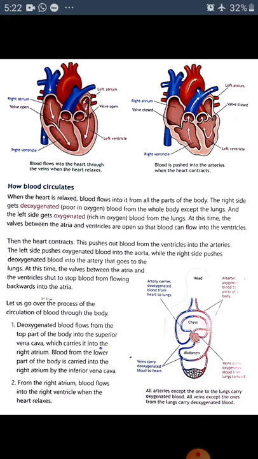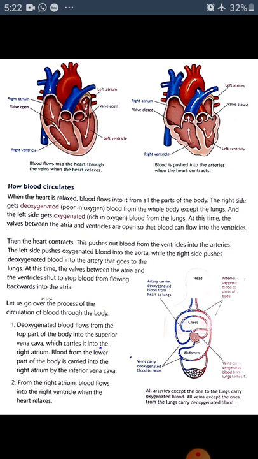So when the heart contracts, it pushes blood out from the ventricles into the arteries. The left side pushes oxygenated blood into the aorta, while the right side pushes deoxygenated blood into the artery that goes to the lungs.